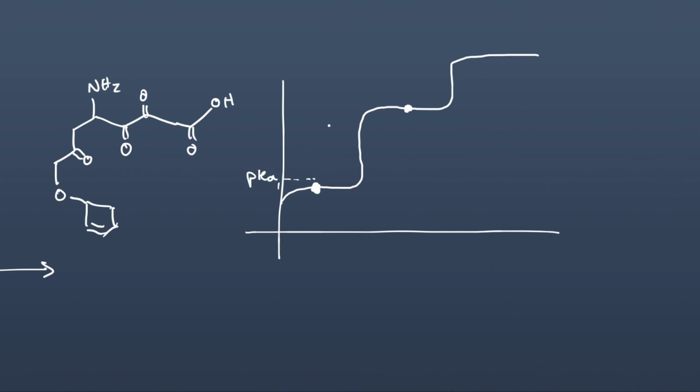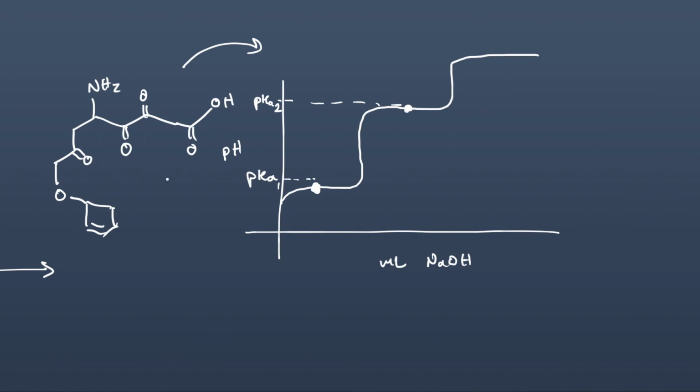This is our first pKa value. If this is what it looks like, it means it's a polyprotic weak acid. This might be our second pKa value. So we have mL of NaOH on one axis and pH on the other.